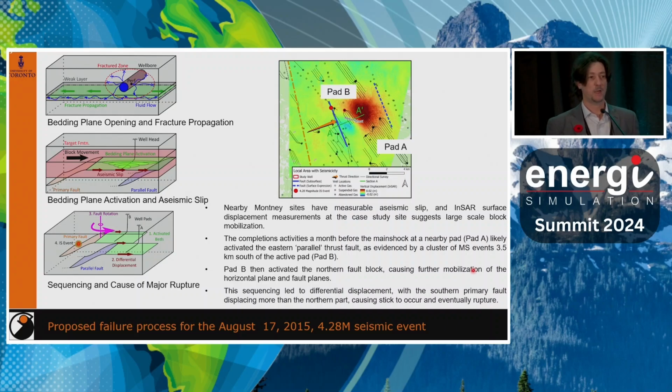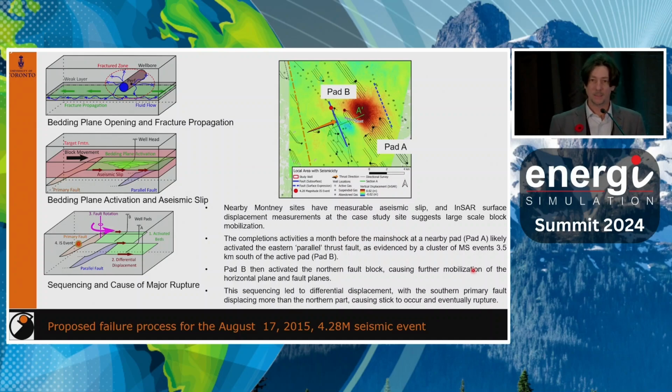We tried to sample one of those layers in Canmore where it outcrops, and when we were drilling, the fluid actually migrated to that layer and came out of the face. It was just another hint of how weak and how permeable that layer could have been.